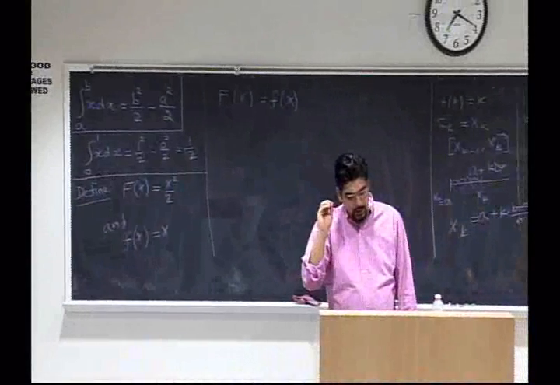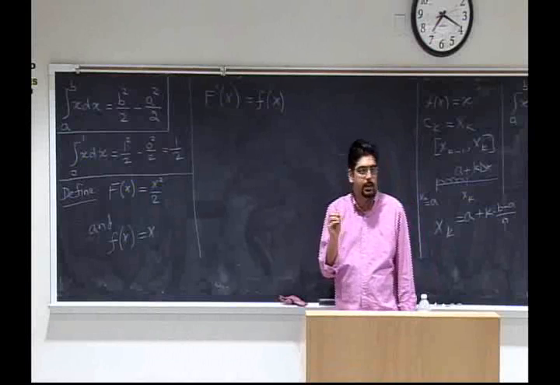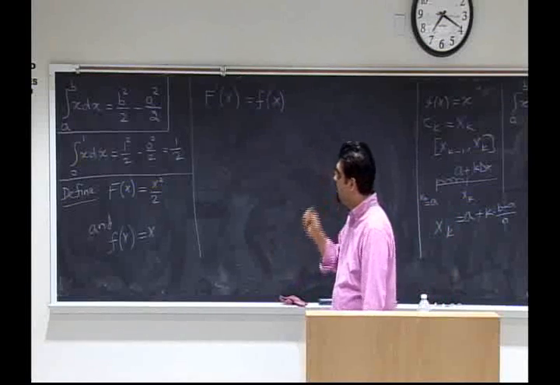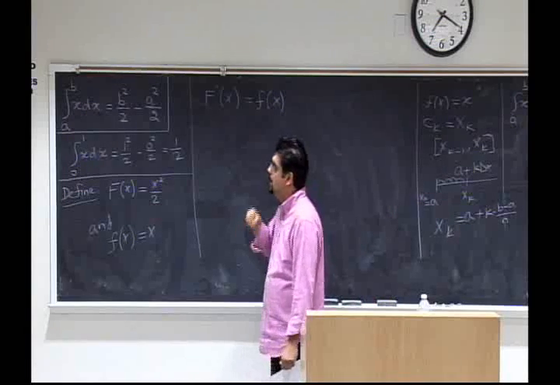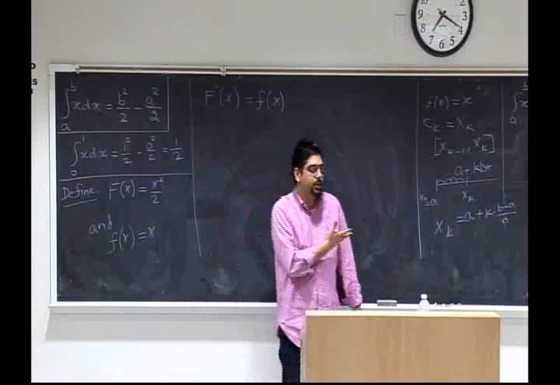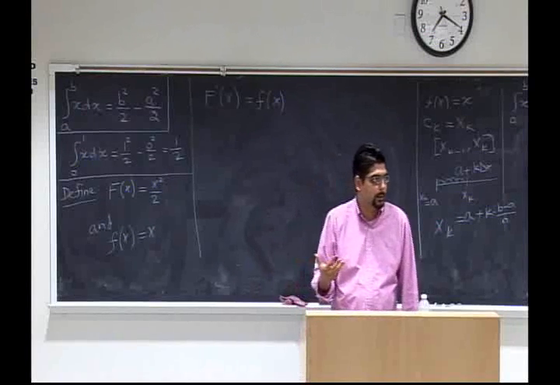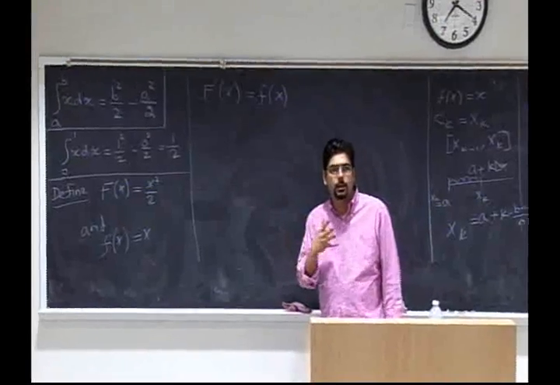That's the point of the lecture today: to see how deep that relationship is, what we can learn from it, and how we can use it. One of the most useful things about that relationship is that we don't have to do integrals with the definition anymore. We'll have a quick way of doing them. We won't have to go through the definition of the integral as the limit of the Riemann sum.